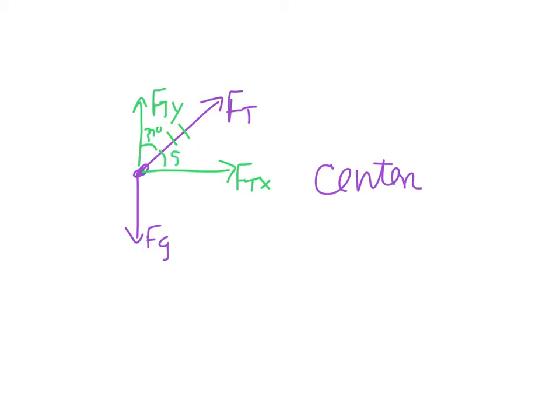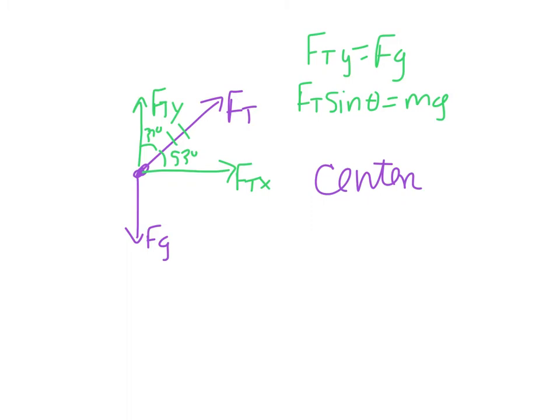The angle relative to the horizontal is 53 degrees right there, so theta and phi. Fty should equal Fg because it's not accelerating in that direction, not accelerating except towards the center of the circle. And we know that Fty is equal to Ft times the sine of theta, and Fg we know is equal to mg.